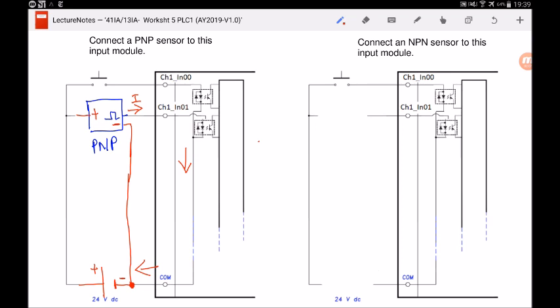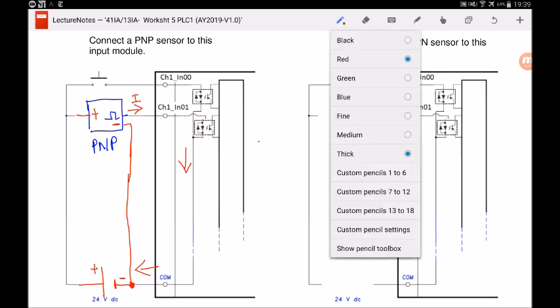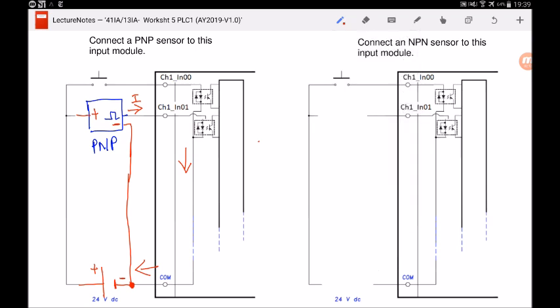Okay, with this, what type of module is this? Is it a sourcing type or a sinking type? Well, now it has been configured to a sinking type. Why? Because you can see that current is flowing into terminal 1, right?